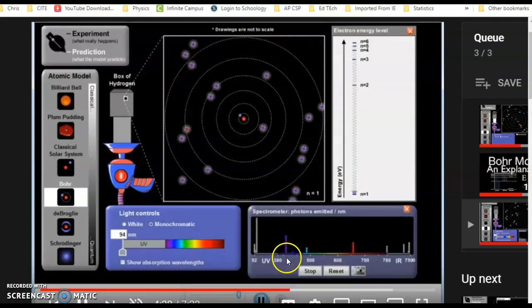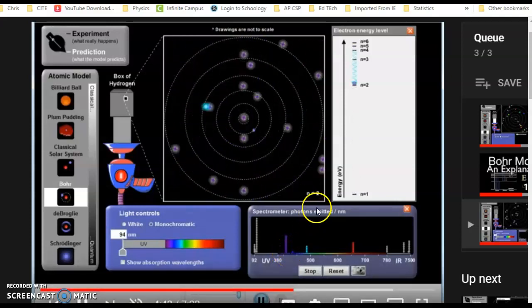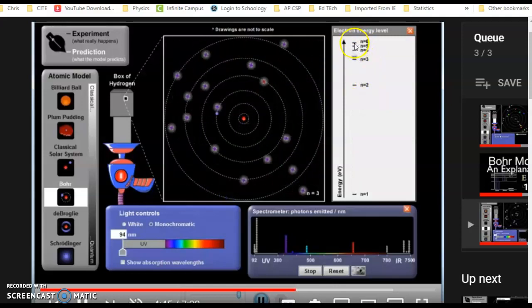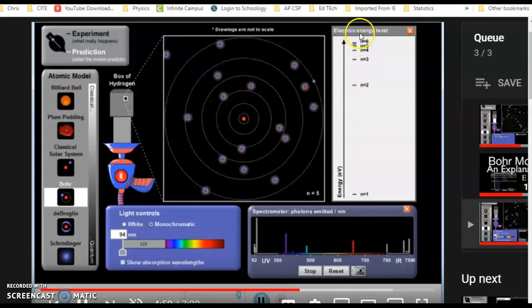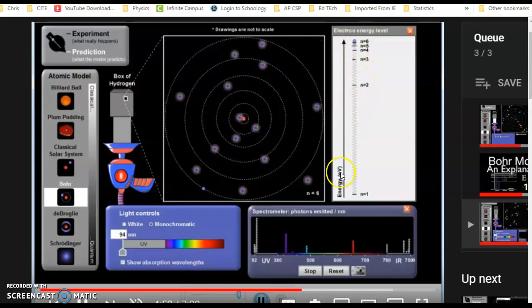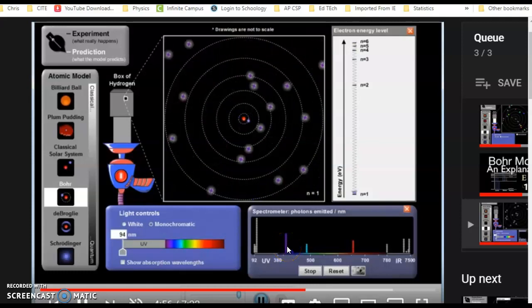And what you'll see here is as the excited electron drops down from level 6 down to all these different levels, sometimes it makes short transitions, sometimes it makes long transitions, but it can only jump between these very set energy levels.